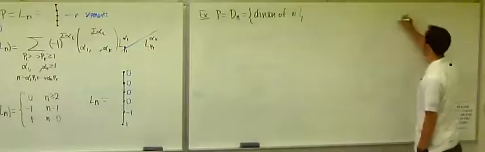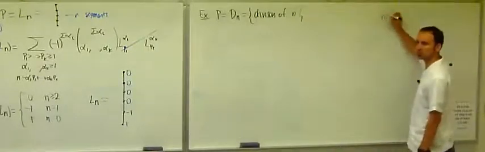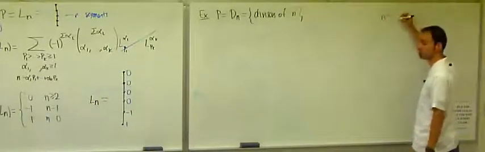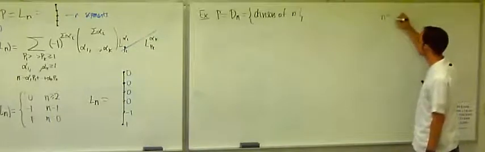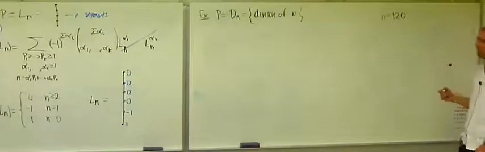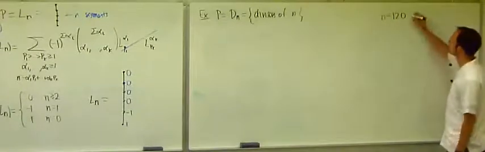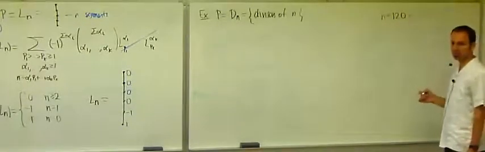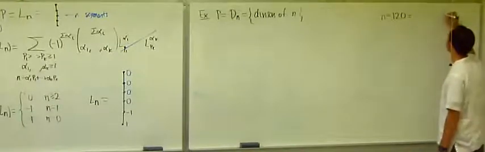So we've done examples of this. Let's say n is equal to 120. For any n, I can do this. It's not very hard, and the reason is that all you have to do is factor this number. That's the hardest part.